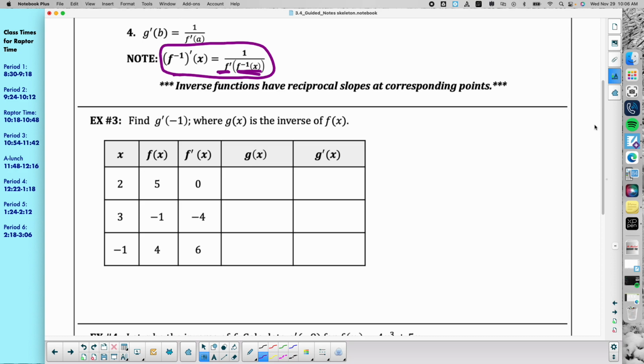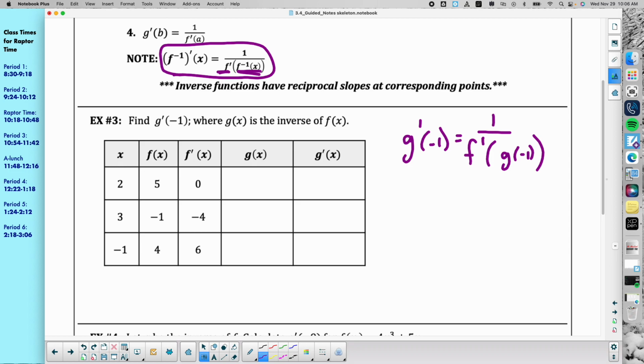Okay, should we try to use the formula method probably, right? So using the formula, I'm going to write a G because that's what F inverse is. G prime of -1 is going to be 1/F prime of G of -1.